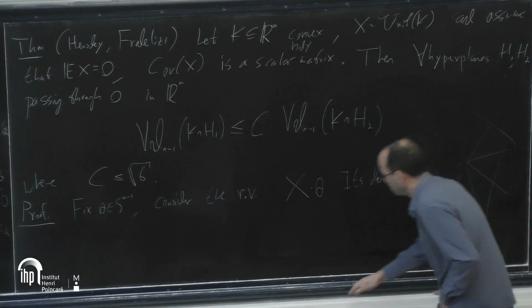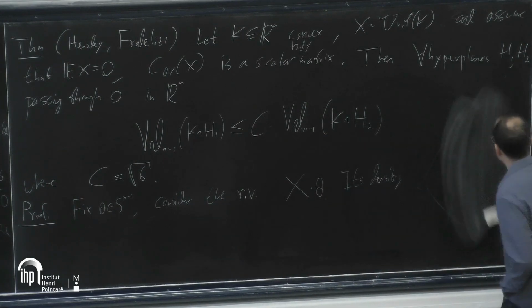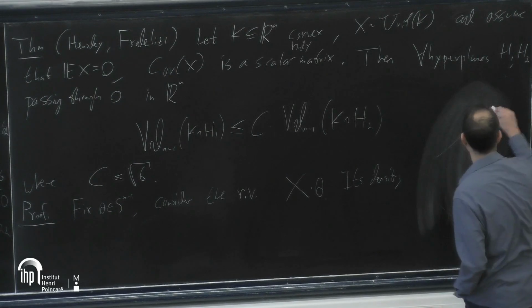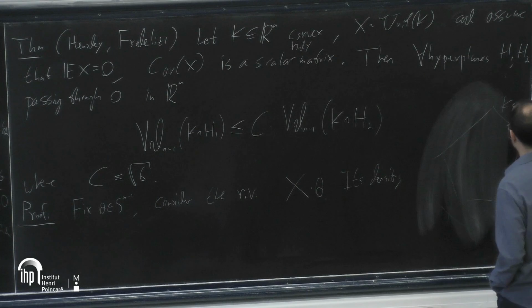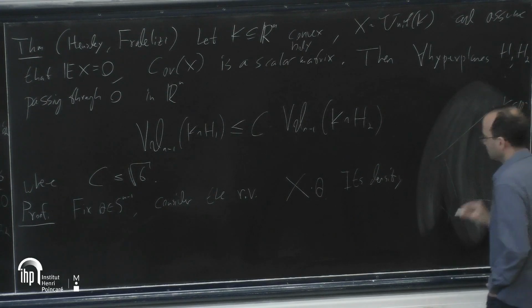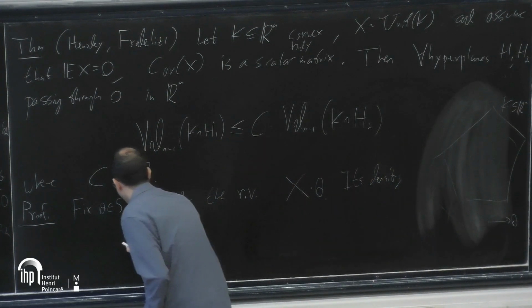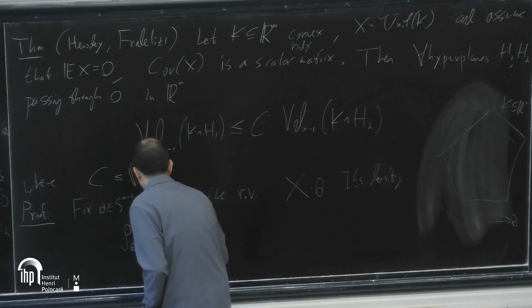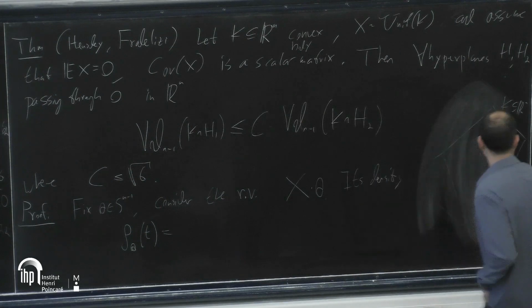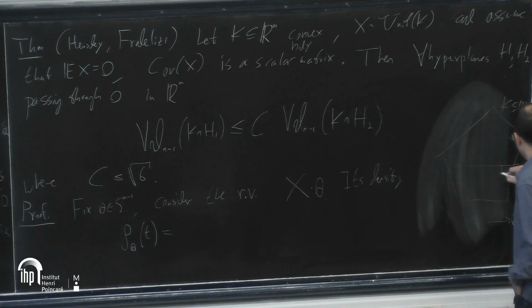If this is K, and this is theta, then its density at t: you look at the section orthogonal to theta at t, and you look at its volume.